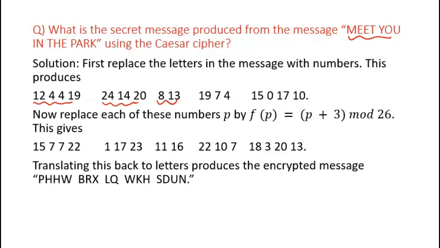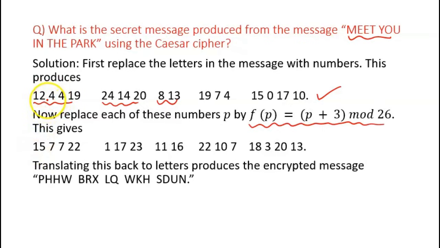Like A comes at first place, then we write 0 for A because 1 minus 1 is 0. Similarly, C comes at the third place, so for C we use 3 minus 1, that is 2. So here we first change all these alphabets into the corresponding numbers, and then each of the numbers is replaced by this function, that is P plus 3 modulo 26.